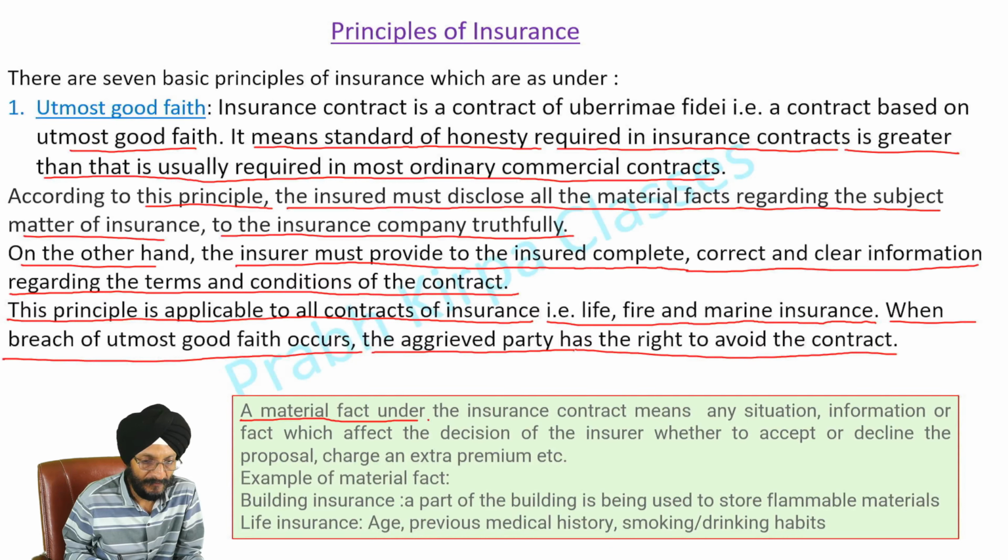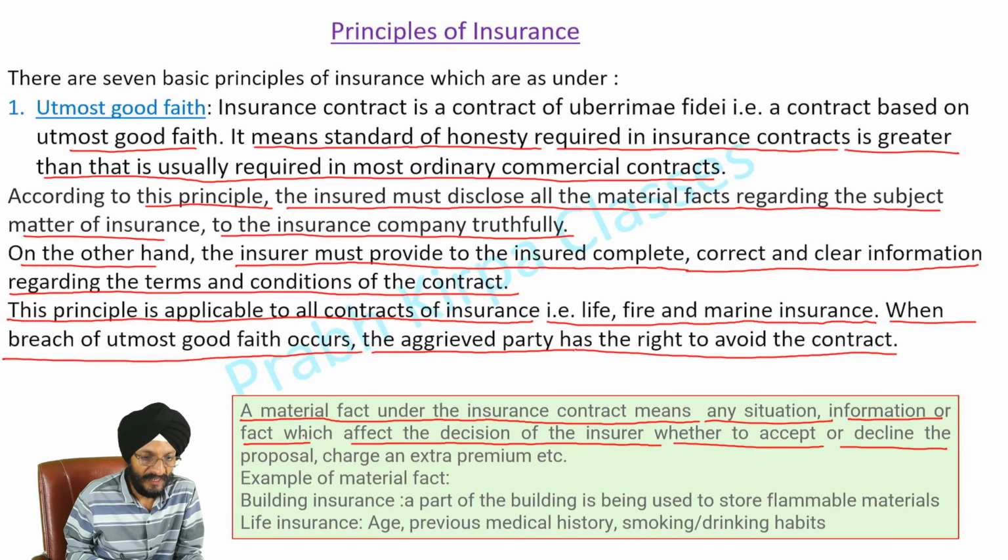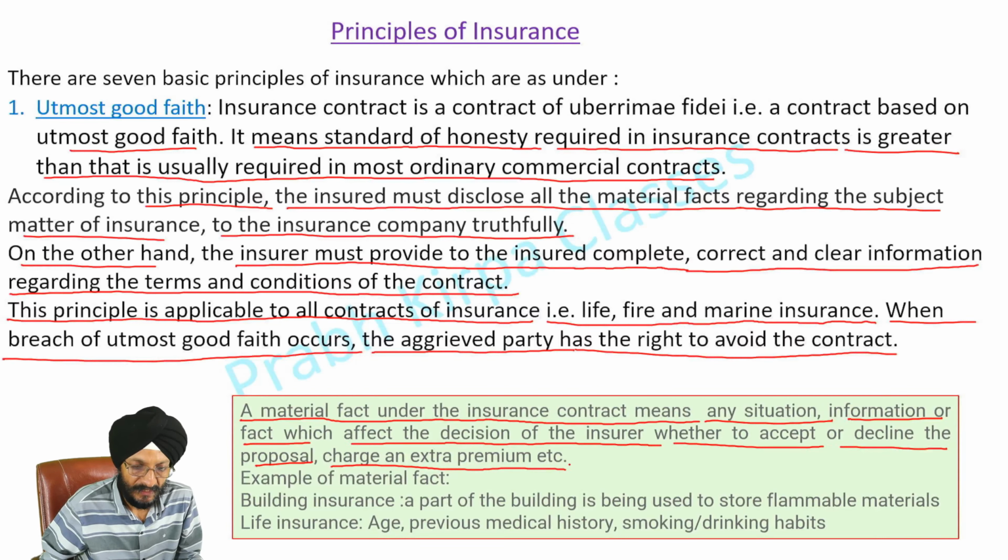A material fact under the insurance contract means any situation, information, or fact which affects the decision of the insurer whether to accept or decline the proposal, or charge an extra premium to accept the proposal.